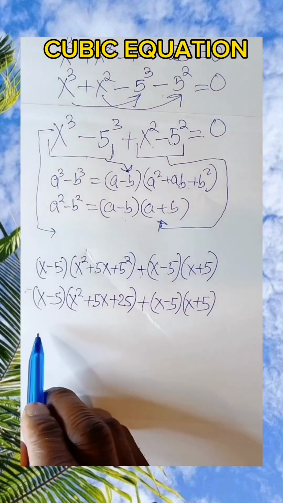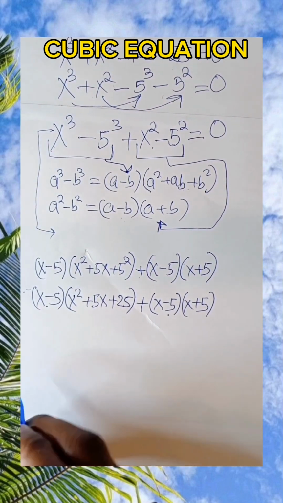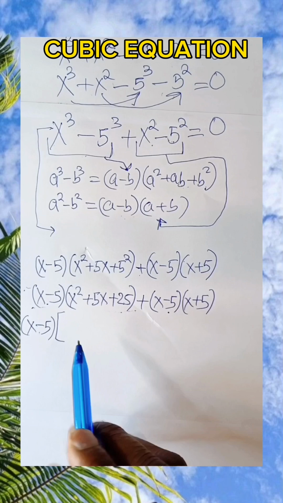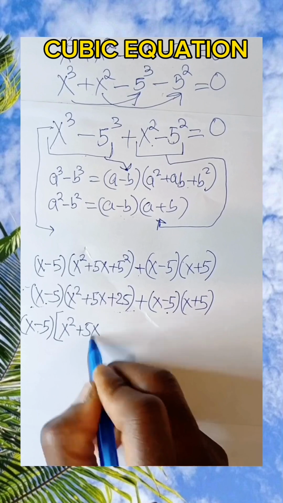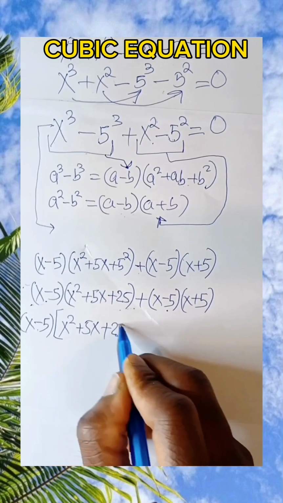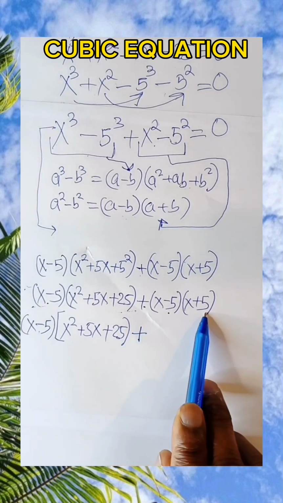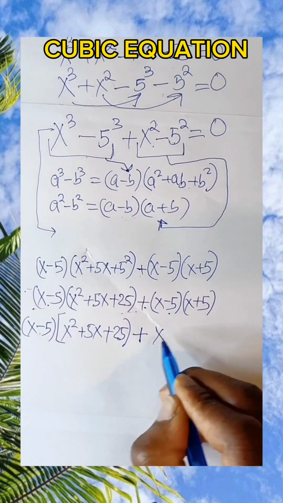If you look closely, you notice that x minus 5 is common. Let us factor it out. This expression divided by x minus 5, we will be left with x squared plus 5x plus 25, plus this expression divided by x minus 5, we will be left with x plus 5.